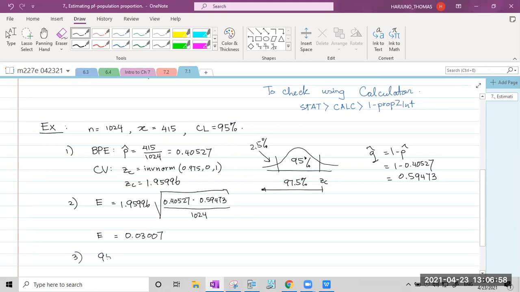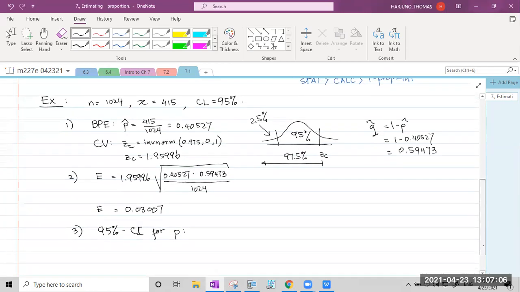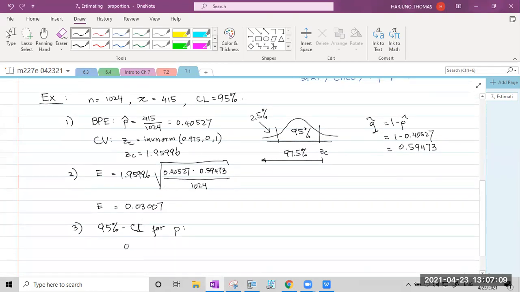So the 95% confidence interval for p will be best point estimate 0.40527 minus margin of error, 0.40527 plus 0.03007.